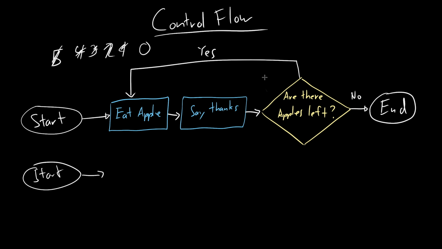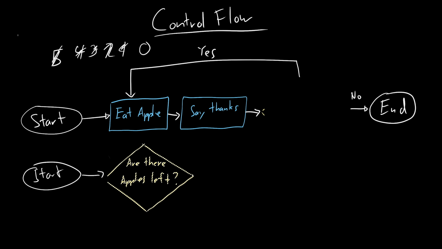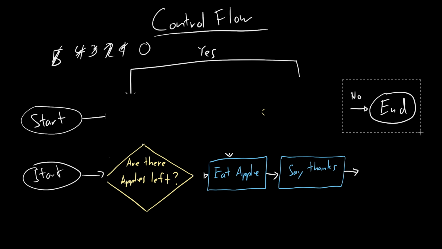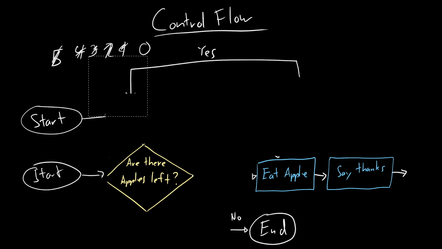So the right way of doing it is taking this guy right here, and then these guys here, take this guy over here. So now, instead of doing the actions first, I ask the question right away, are there apples left? And then if it's yes, then I am going to do the action.